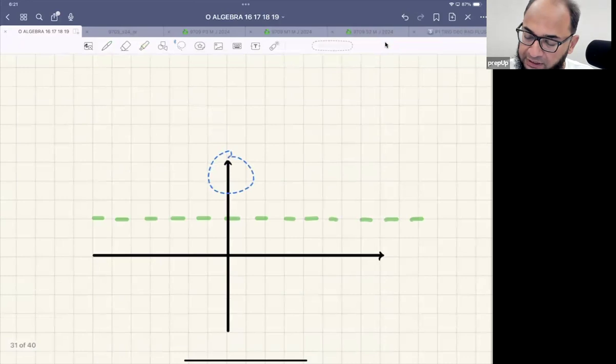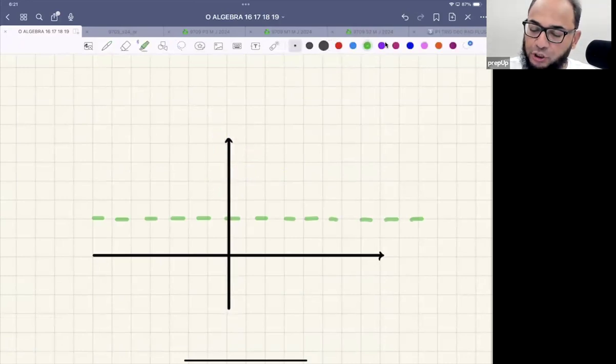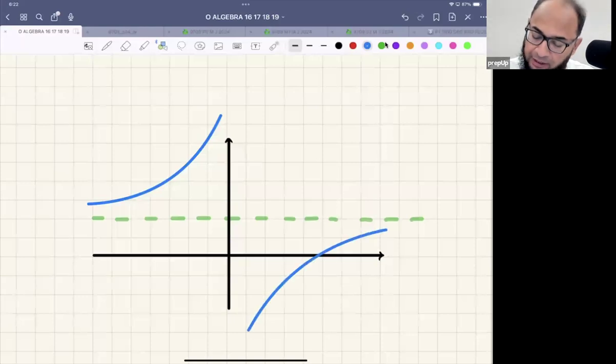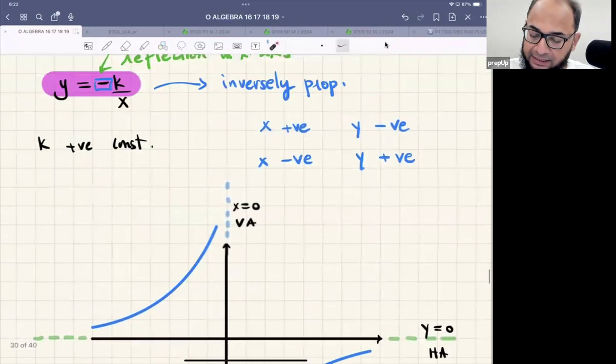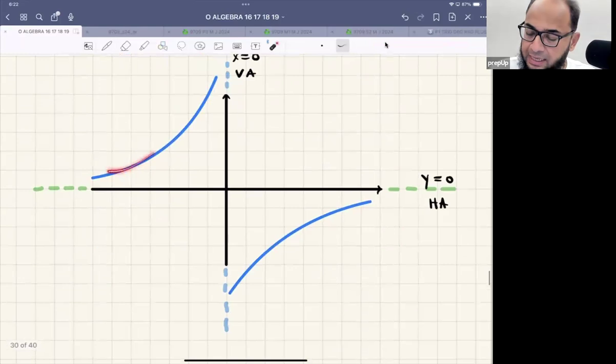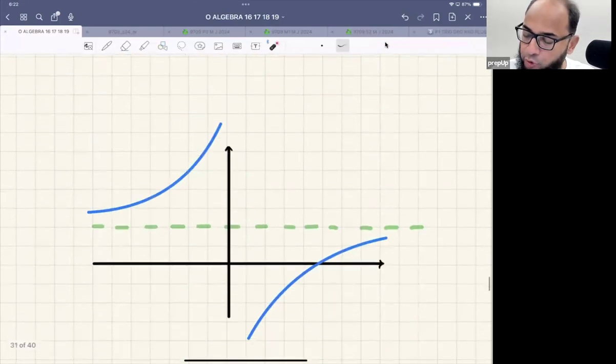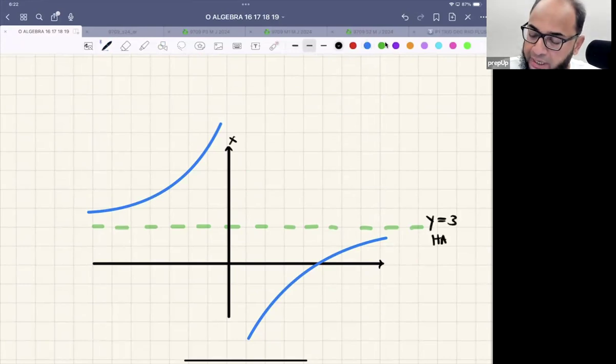Let me shift this a little bit up. I'm using the blue color, and the graph goes like this, and like this. So that's the graph of negative 3 over x, just like negative k over x, and the horizontal asymptote is shifted up by 3 units. So let me write y equals 3, that is the horizontal asymptote, and x equals 0, that is the vertical asymptote.